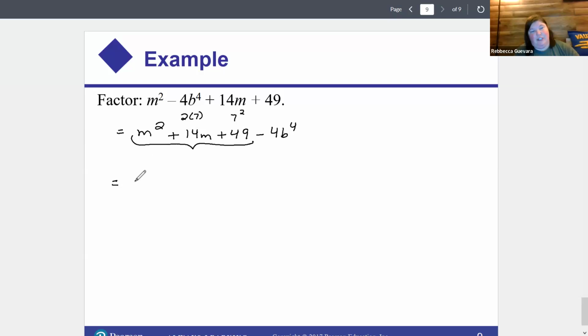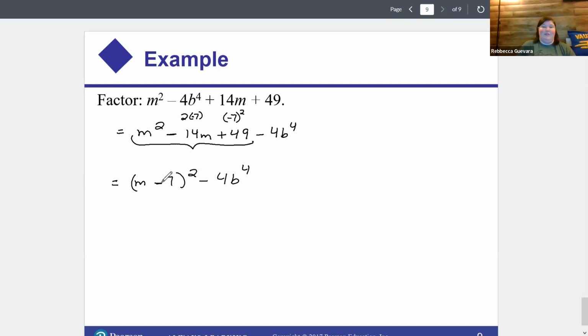This part is actually m minus 7 squared. So this is what we mean by looking for squares. Sometimes if we look, we can find something that we actually know how to factor. Oops, that was a minus 14, so that's a negative 7 squared. So you could factor m squared minus 14m plus 49 into (m minus 7) squared.